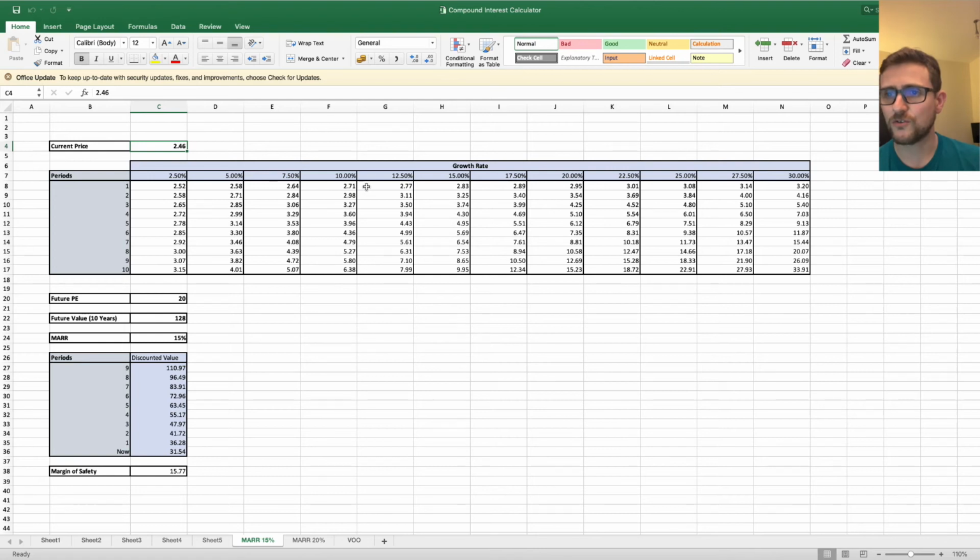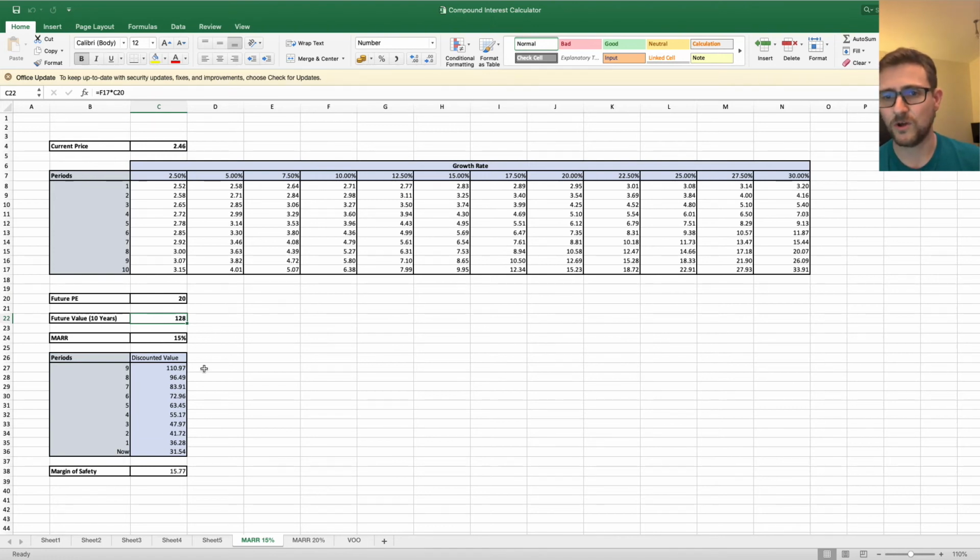So here we've got different growth rates. The 10% growth rate here, at 246, after 10 years we're going to be at $6.38. Future PE is 20, and that gives us our future value of 128.